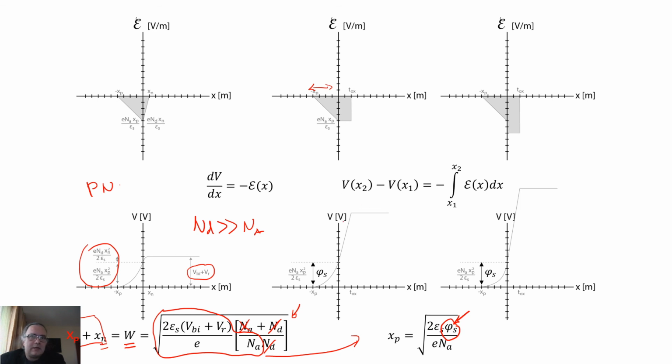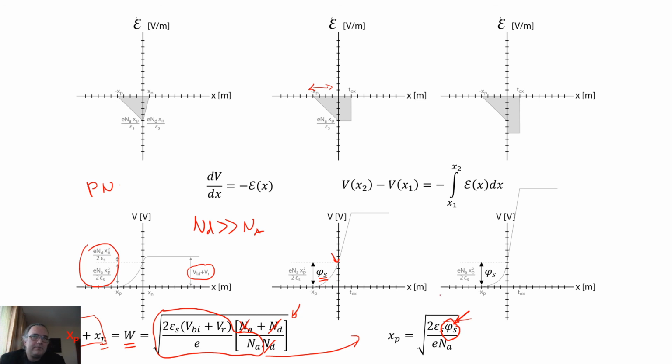This is the potential that we have at the interface between the semiconductor and the oxide with respect to a reference point which is deep in the semiconductor. So actually this gives the bending here of the potential inside the semiconductor, phi s. And from here you can calculate what is the extension of the depletion region.